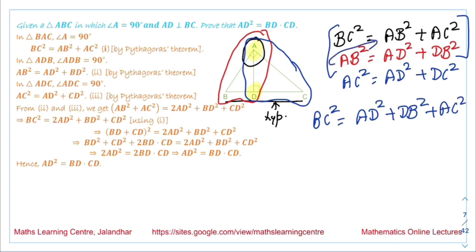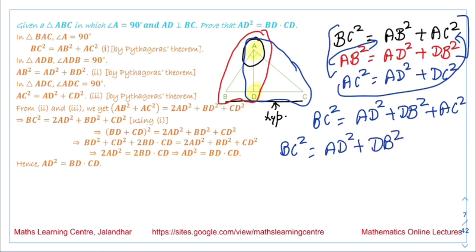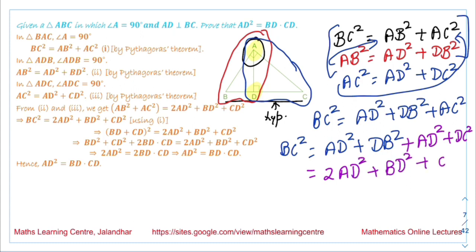We have substituted the value of AB in this. From this equation, we are substituting the value of AC. So we get BC square equal to AD square plus DB square plus, in place of AC square, AD square plus DC square. So this value is equal to 2 times AD square plus BD square plus CD square. This is the value of BC square.